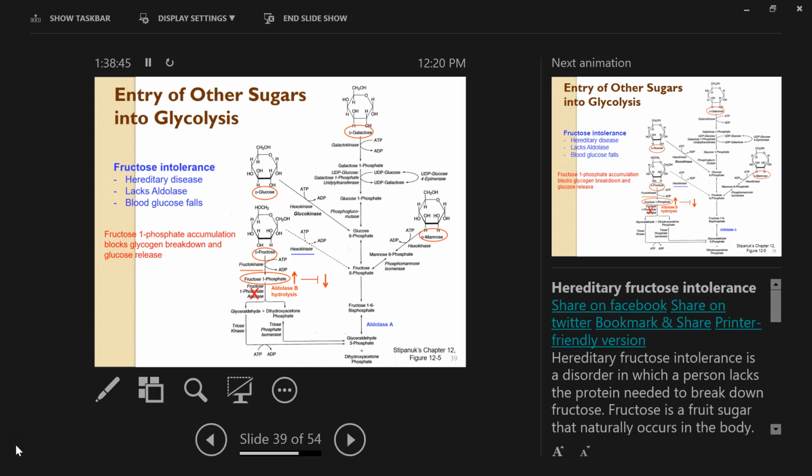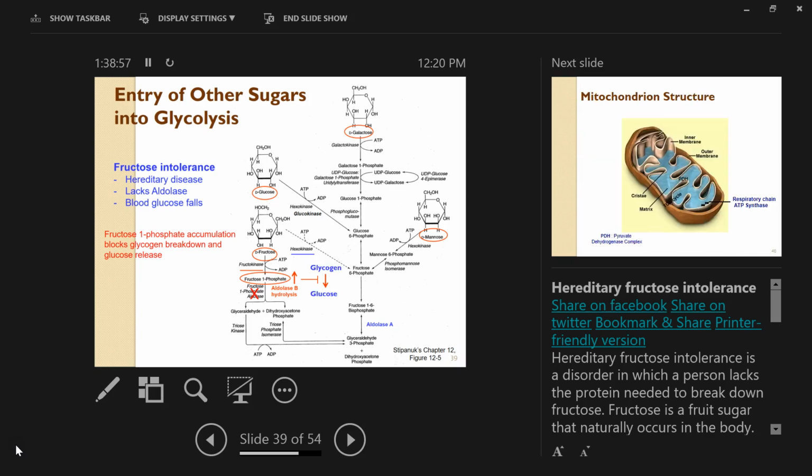And this fructose 1-phosphate is actually a very important intermediate. What this intermediate does is inhibit glycogen breakdown, inhibiting an enzyme we will talk about later, the enzyme that breaks down glycogen.